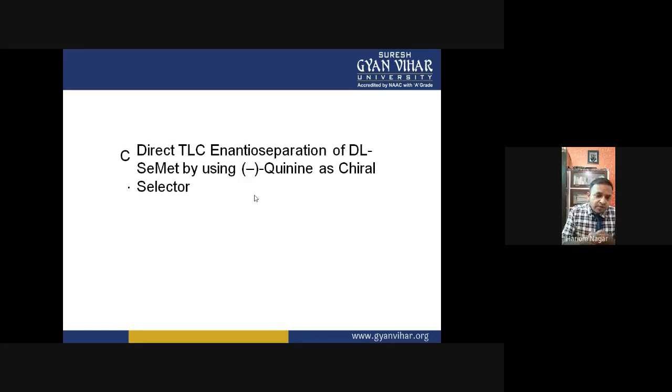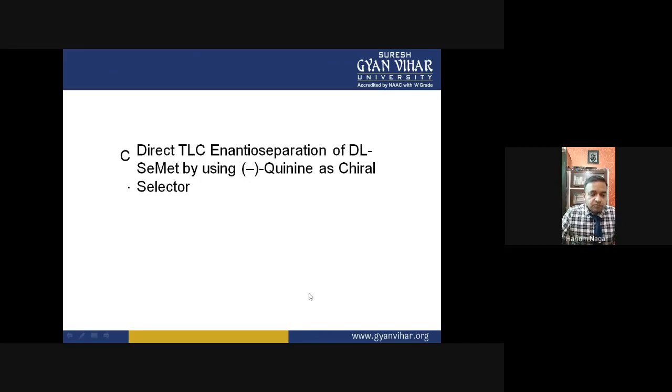That's the reason we call those methods indirect methods. And here there is no such derivatization. Here we directly separate the enantiomers in their enantiomeric form, with no reaction with chiral derivatizing reagents.